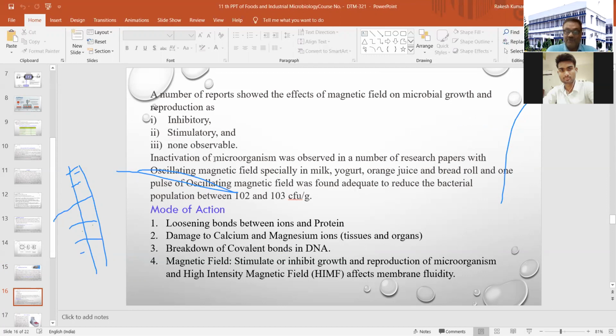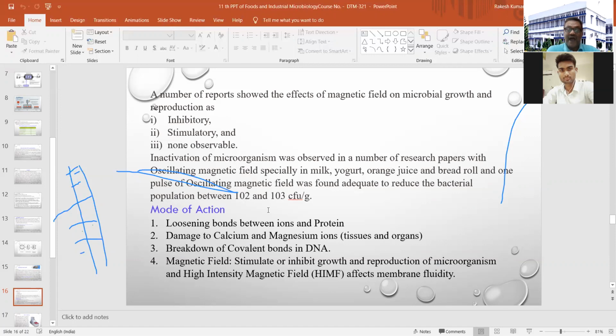Inactivation of microorganisms was observed in a number of research papers with oscillating magnetic field, especially in milk, yogurt, orange juice, and bread roll, and one pulse of oscillating magnetic field was found adequate to reduce the bacterial population between 10 to the power 2 to 10 to the power 6 colony forming units per gram.